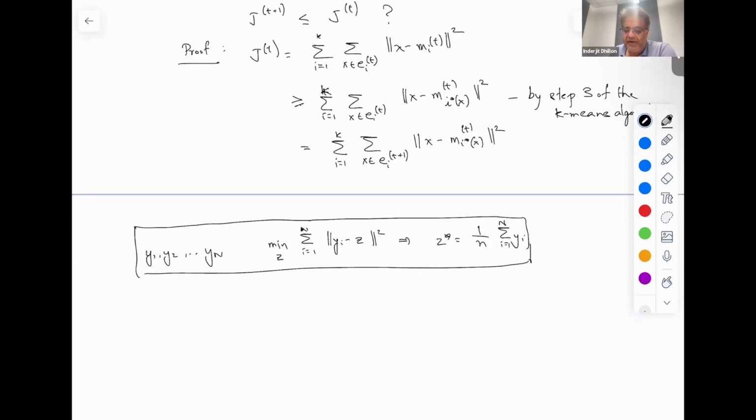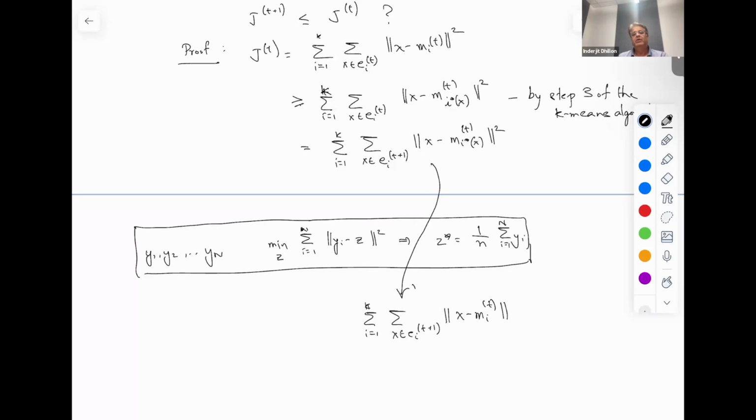So because of this property, if I now take this and rewrite the right hand side as the summation over i equals 1 through k, x belongs to ci t plus 1. Remember, ci t plus 1 is defined as all the points with i star x equals i.